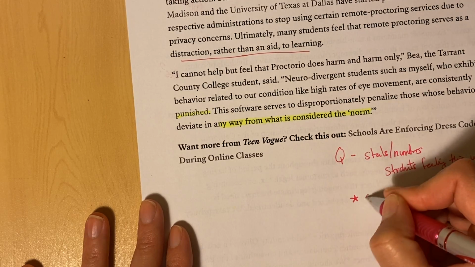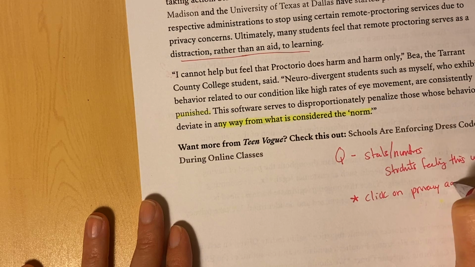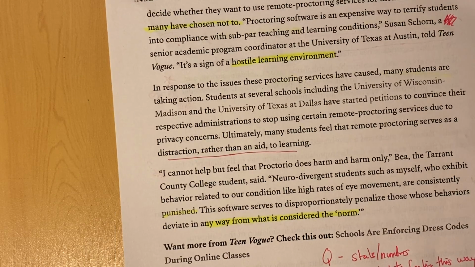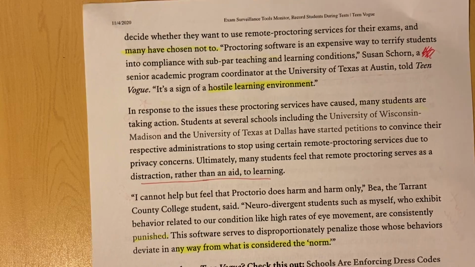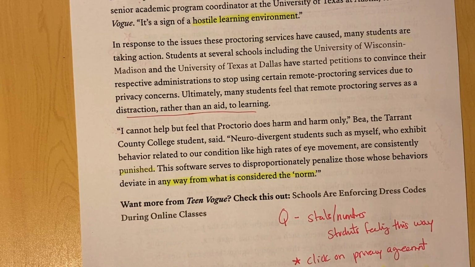So I'm going to make a little note, click on some of the privacy agreements. And there was something else I was kind of thinking of as I was reading through it. ExamSoft. Notice there's not really a call to action, but you definitely understand what they're trying to get across.